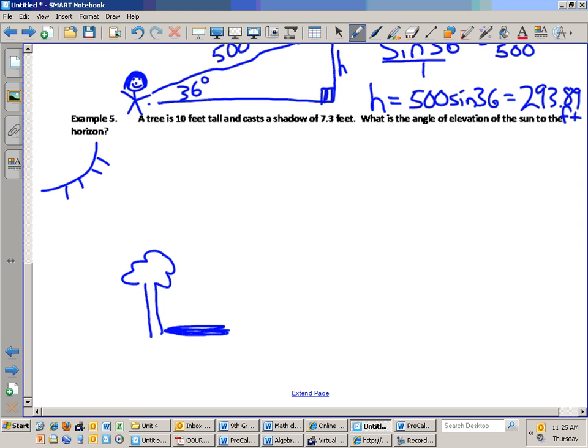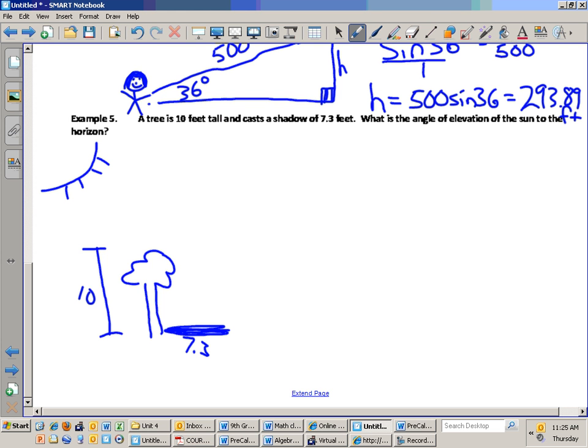And the tree is 10 feet tall, and the shadow is 7.3 feet long. And the question is, as you're standing on Earth, at what angle of elevation is the sun in the sky from the horizon?